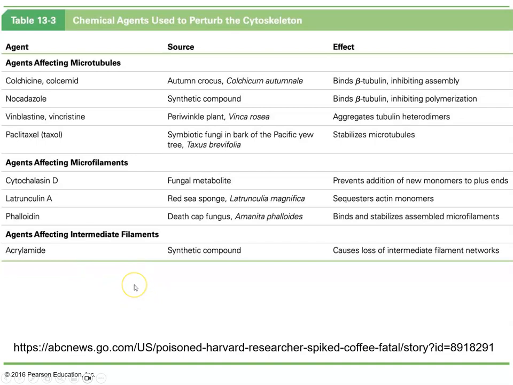It causes ataxia, so irregular movement and skeletal muscle weakness are usually symptoms of that acrylamide-induced central nervous system neuropathy. So it's certainly not common, but there are things that can influence the structure and the stability.